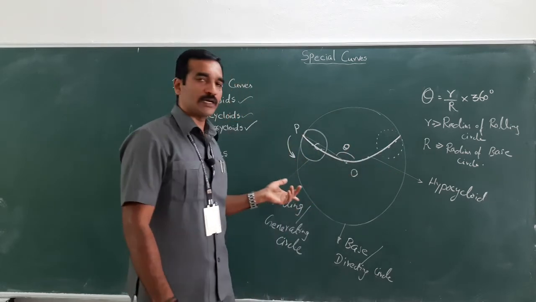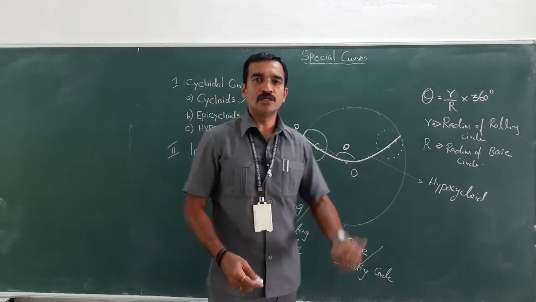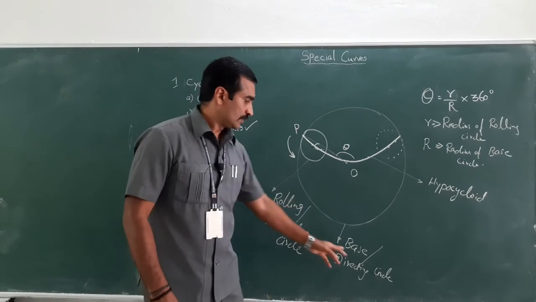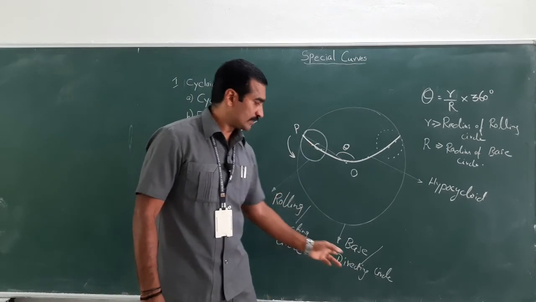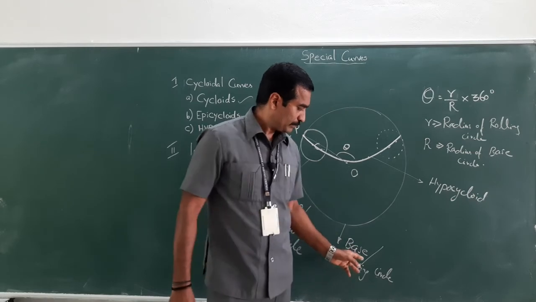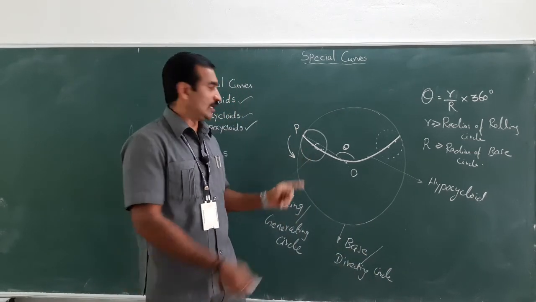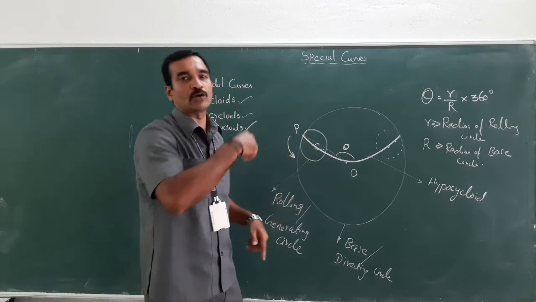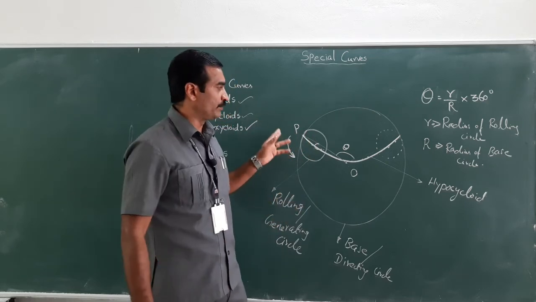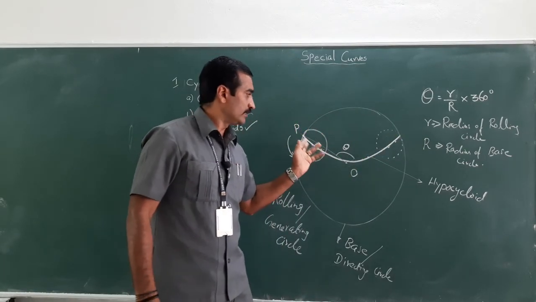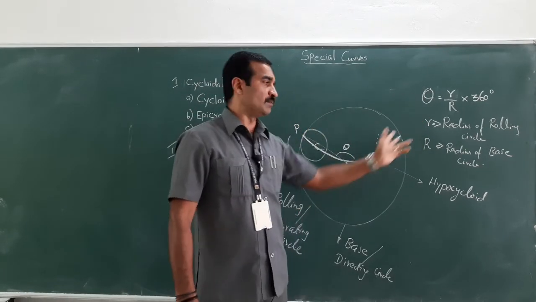As far as hypocycloid is concerned, the rolling circle rolls inside another circle, that is the base circle or the directing circle, and here the rolling circle rotates in the anti-clockwise, that is the counterclockwise direction. To complete one convolution, it traces some points, that means it leaves some points.